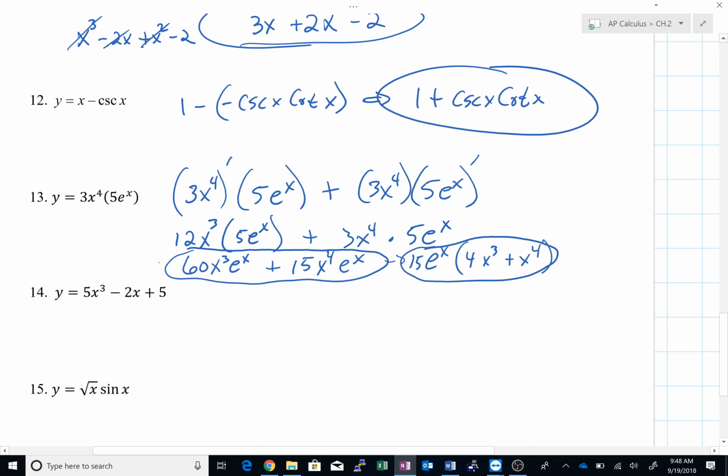Oh, yeah, I can pull out another x cubed, right. Sorry. But, yeah, so there's a common x cubed here. Thank you. 15x cubed e to the x, 4 plus x. Okay, great. Doesn't get me anywhere nicer. It's not going to help my life in any way. It doesn't make me a better person.